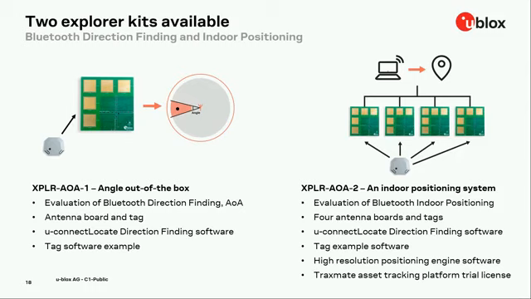Therefore, Explore AOA 2 has 4 antenna boards, so the 4 angles go to a high resolution positioning engine that we developed. In there, mathematical operations like triangulation are performed.